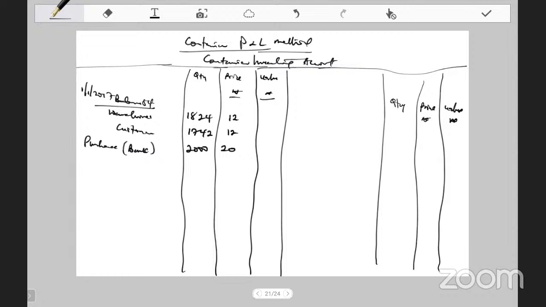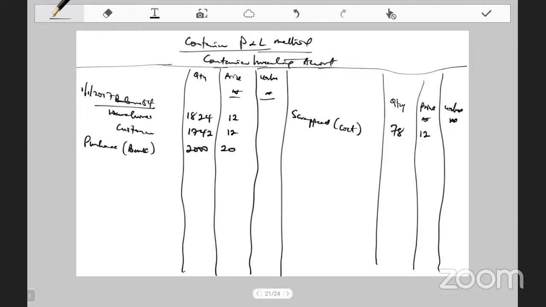78 were sold as scrap at 5 naira per carton. We were told that 78 were sold as scrap, so I will have to come here, scrap. I need the cost: 78 at 12 naira. That is the cost of what was sold.